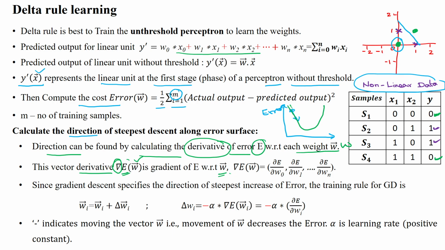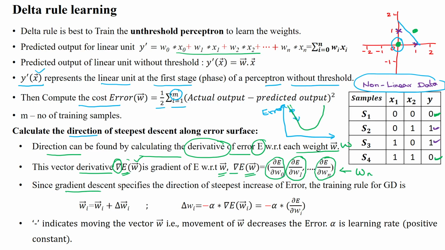The gradient of the error with respect to w can be represented as: for the first weight, dou E divided by dou w0, then dou E divided by dou w1 for the second parameter, and so on. The last parameter is dou E divided by dou wn. So it indicates we are using n parameters in our hypothesis function.